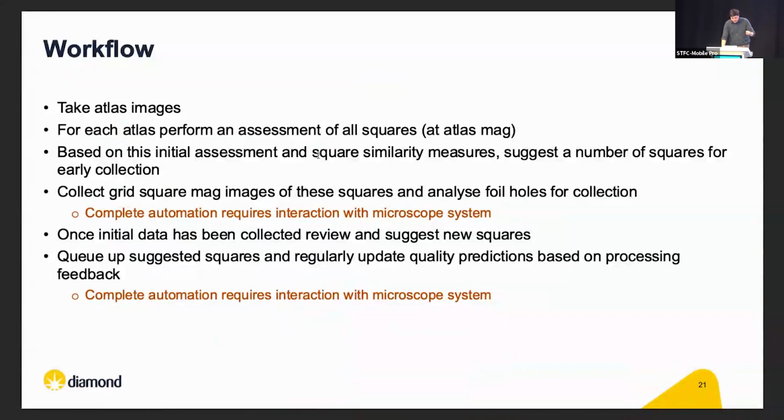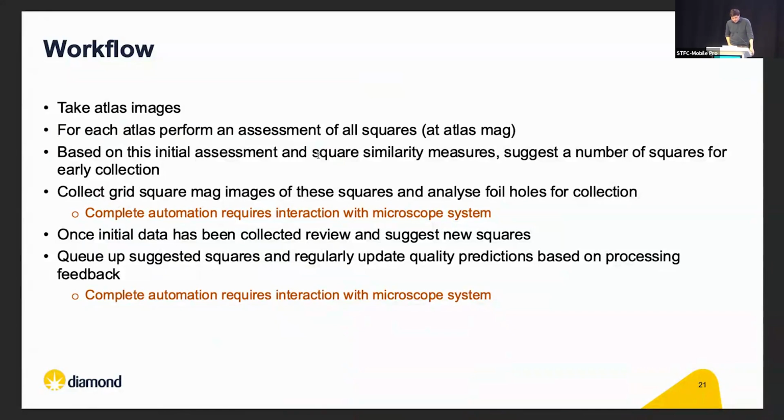This is just that workflow on a slide where I've then highlighted individual steps that, if you want this to be a fully complete automated process, would require direct programmatic interaction with the microscope to do this thing. So automating the kind of Atlas image taking processes, EPU can do that.